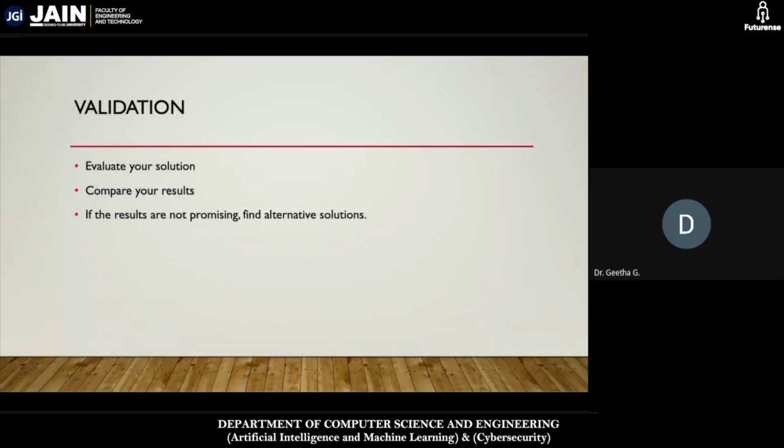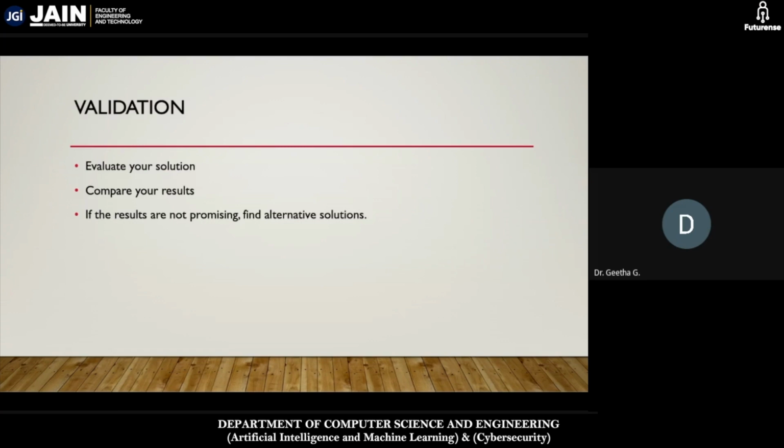Evaluate your solution. When I say evaluate your solution, it is not just implementation of the algorithm. The algorithm is already existing, you can implement it, or you can modify the algorithm and create a new algorithm, or completely from scratch, you can create a new algorithm. It is not only that you're implementing your program, but you need to also evaluate.